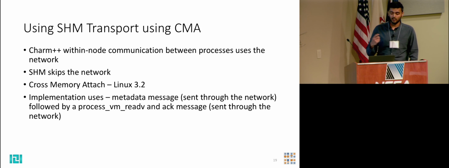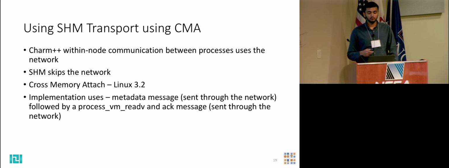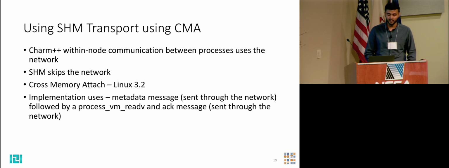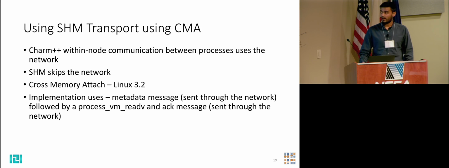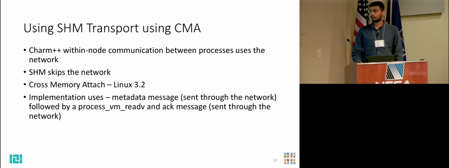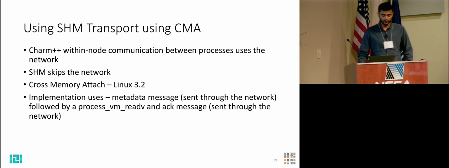We did have models of using shared memory transport within a node, but they were not as effective until now. So we tried to explore using cross memory attach, especially because it was a very simple API to use, and it has been a part of the Linux kernel since Linux 3.2.